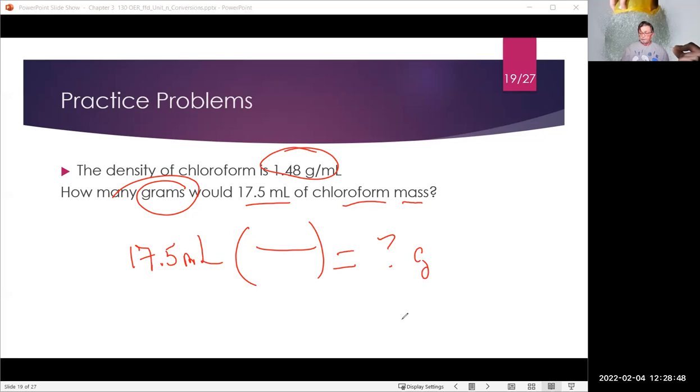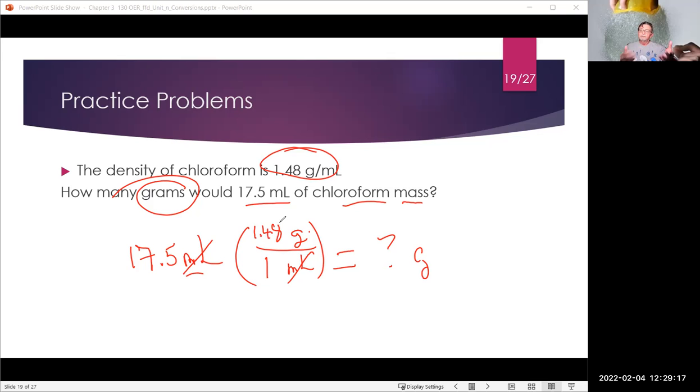So that's what I write down, so I keep track of where I'm going. That means that since I'm given units of milliliters, I have milliliters in the denominator. They have to be there because I want those to cancel, and grams are in the numerator. So now I just plug in that number, and I've set the problem up correctly, unit-wise.